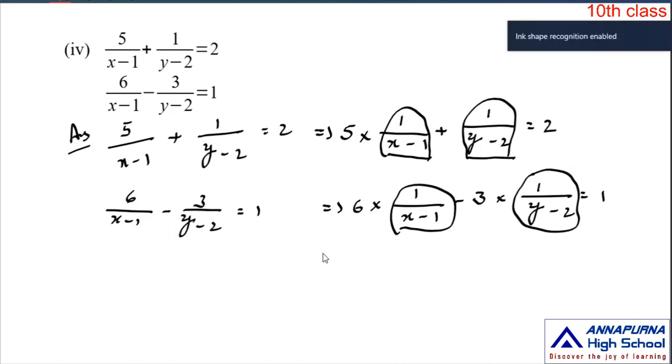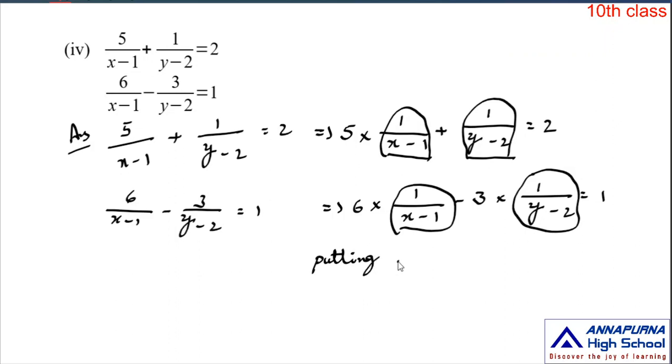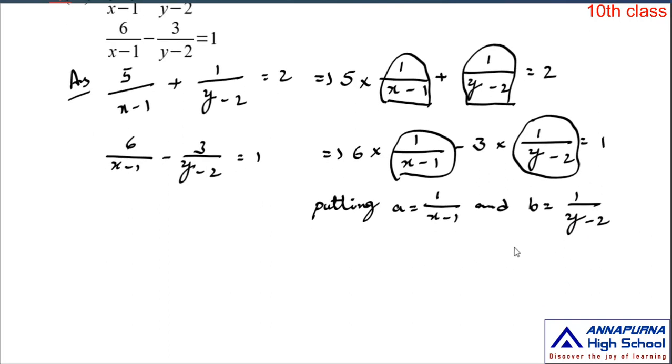Now putting a is equal to 1 by x minus 1 and b is equal to 1 by y minus 2, the two equations change to: the first equation is 5a plus b is equal to 2, and the second equation is 6a minus 3b is equal to 1.